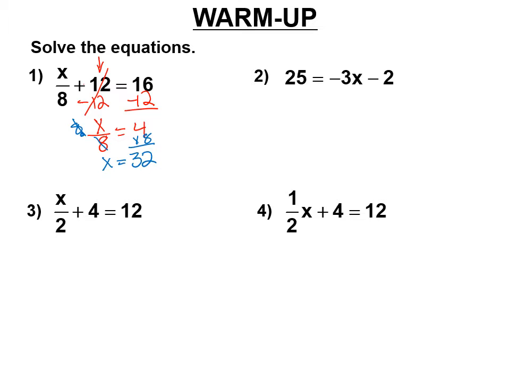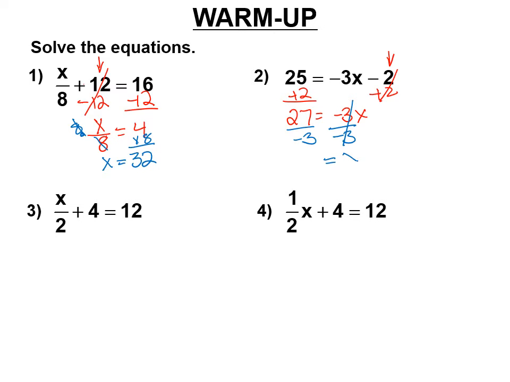Do the rest if you haven't. There's the constant on the same side, so it's minus 2, so we're adding 2. So 27 equals negative 3x. In step 2, we have to divide both sides by the exact same number, and that number in this case is negative 3.